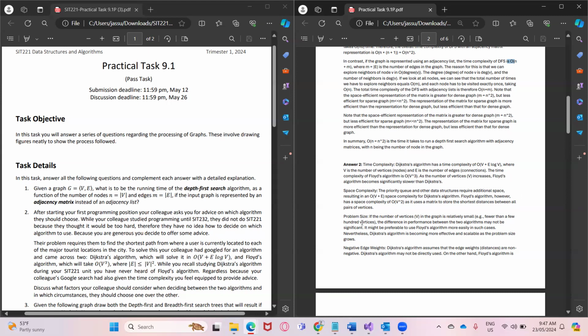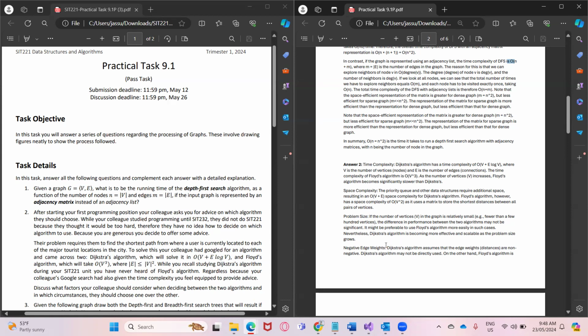When we talk about the problem size, if the graph is small, the performance difference between the two algorithms might not be noticeable, and Floyd's algorithm can be easier to implement. However, for large graphs, Dijkstra's algorithm is more efficient and scalable.